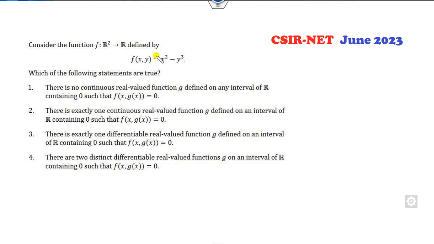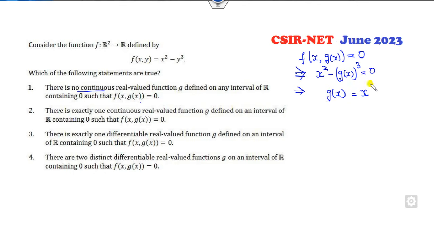Okay, look at this one. Consider the function. You have to find the continuous function of this. Now what is the x of gx? This is 0. Fine. What is the x of this? It is x square minus gx of q. What is the g of x? g of x is x raised to power 2 over 3.